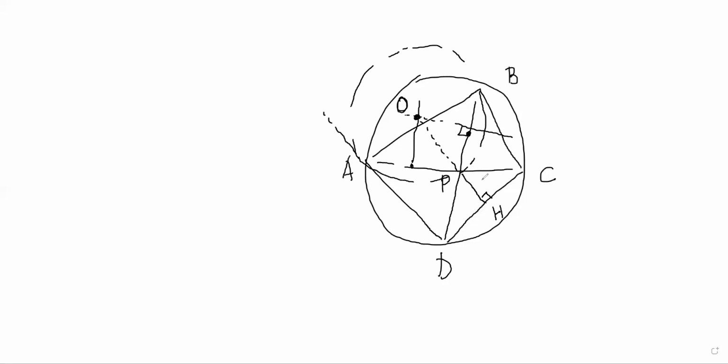So to prove OP and H are on the same line, H is the orthocenter of CPD. H is not here, obviously. H might be somewhere outside, depends. But H will be on the altitude line, right?